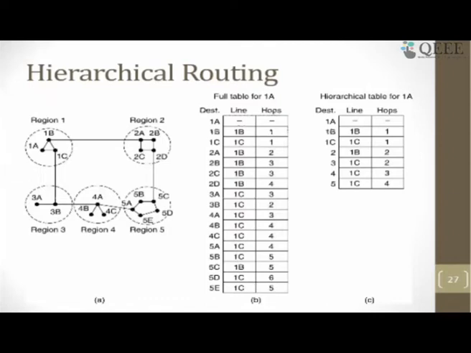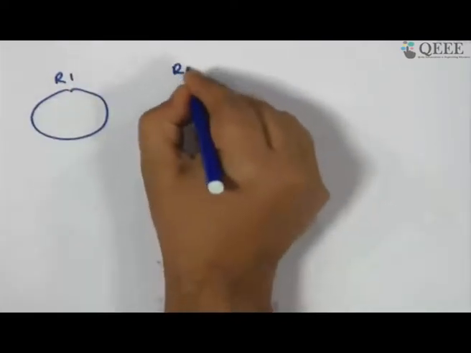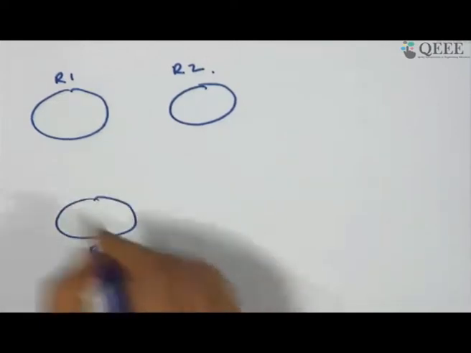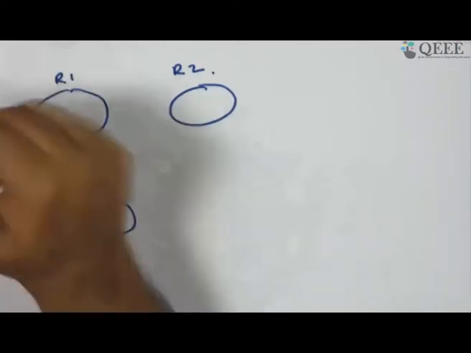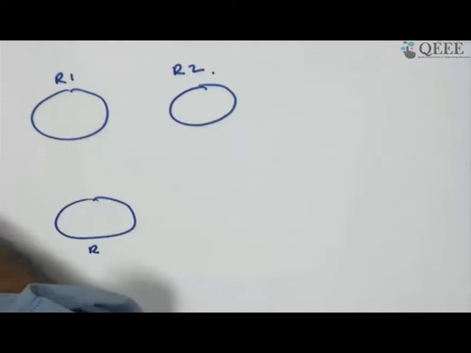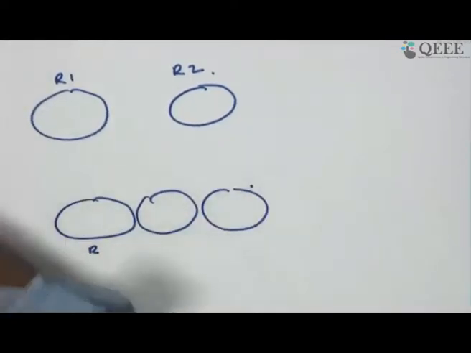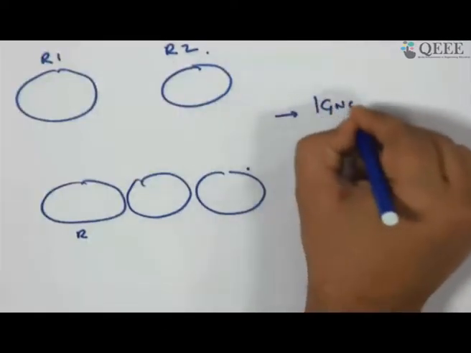See, we can have region 1, region 2, region 3, region 4 and region 5.